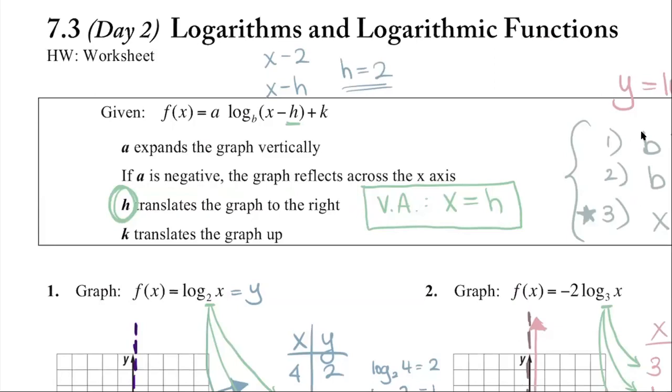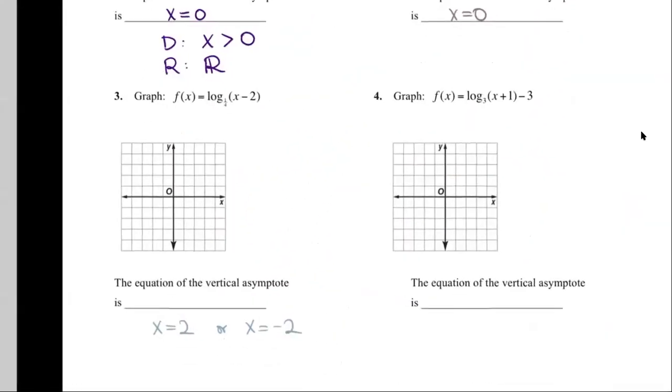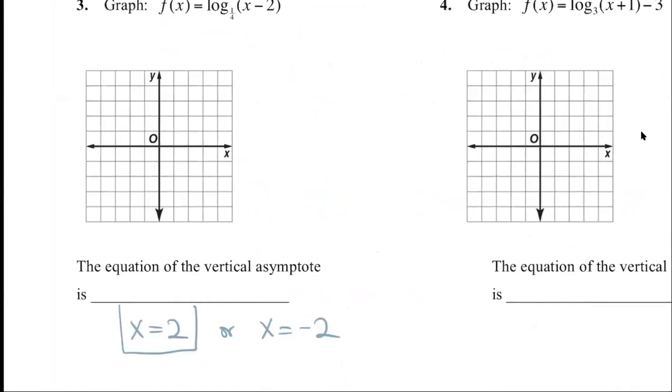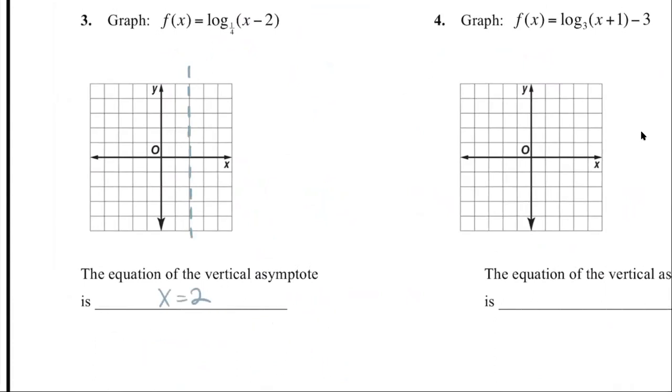So final answer for this one should be x is equal to 2. So that's my vertical asymptote at x is equal to 2. Any questions about that?